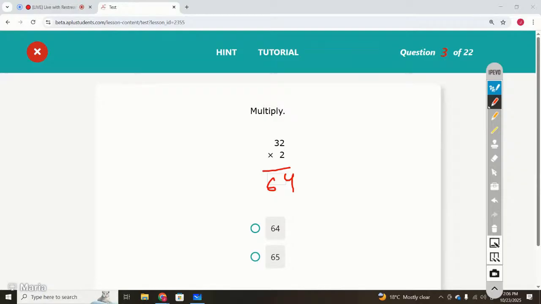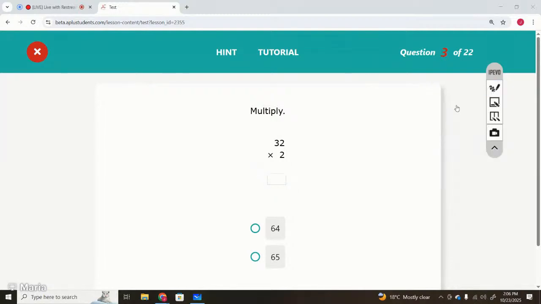The correct option is 64 it is. Option number 1 is the correct option.